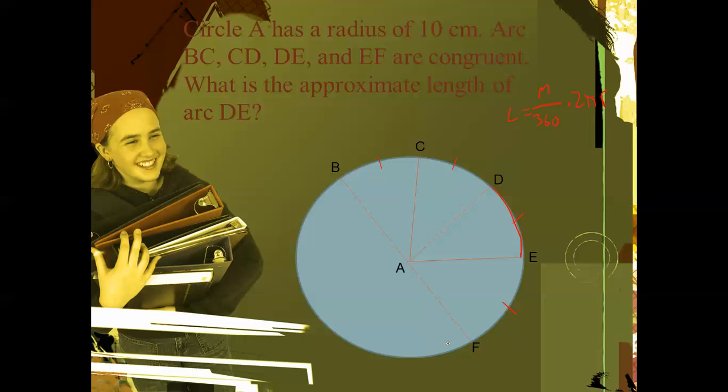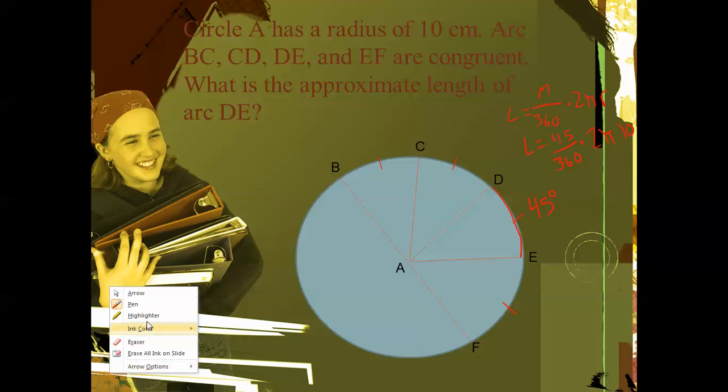In order to find the measure of one of these arcs, we take 180 and divide it by 4 because they all equal each other. So arc DE in degrees measures 45 degrees. I can plug in 45 over 360, times 2 times pi, and the radius is 10.